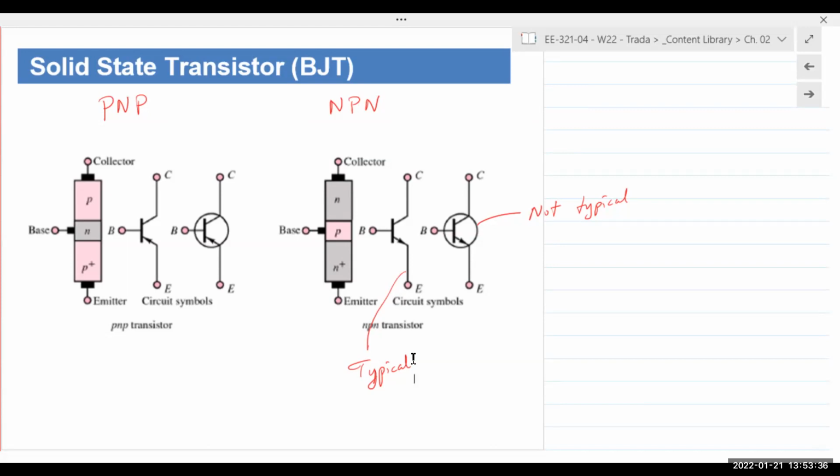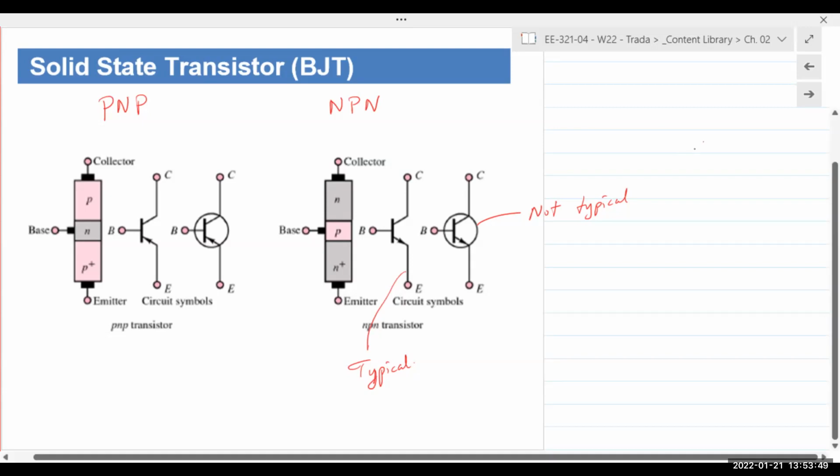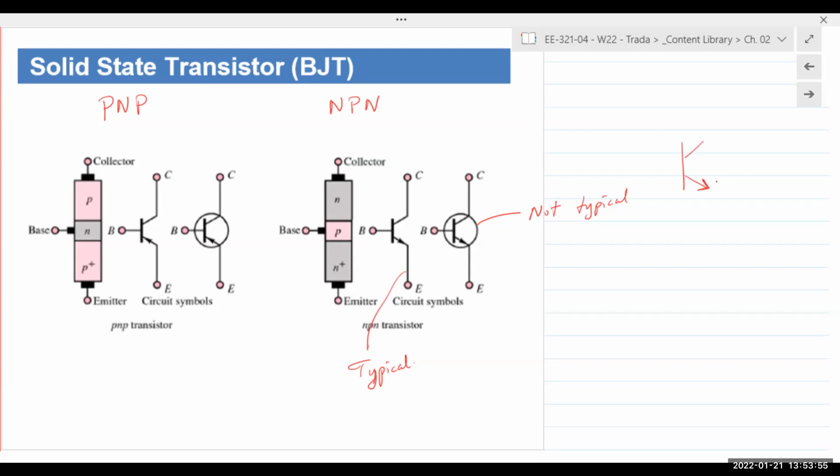We'll look at a little bit of semiconductor physics, or semiconductor operation of the device, and then we'll move into circuits. Now, this is taking a step ahead, but you see the angle in the symbol, right? And you see an arrow. If the arrow is coming out, it's an NPN transistor.